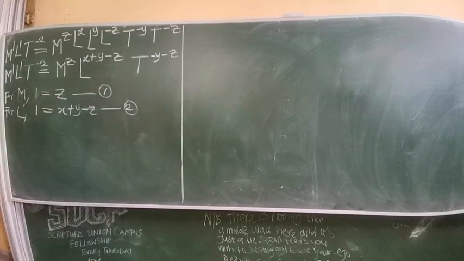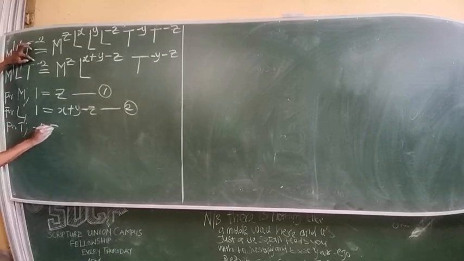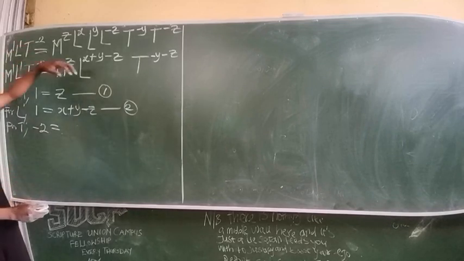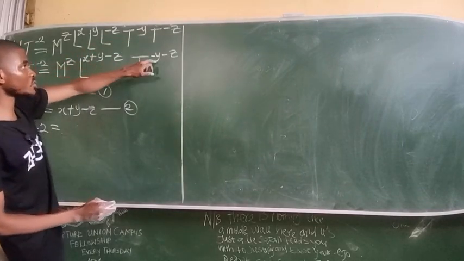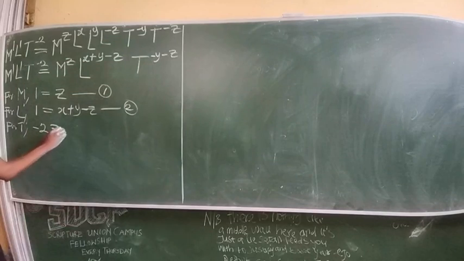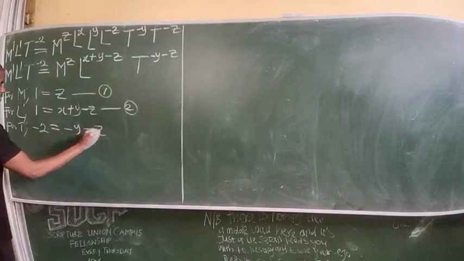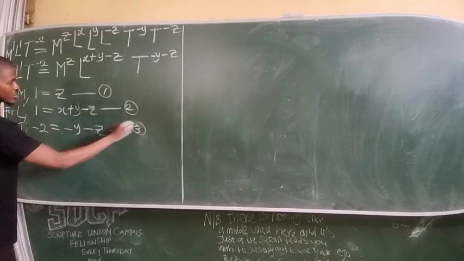And finally, for t, the power of t on this side of the equation is simply minus 2, and minus 2 is simply equal to the power of t on this side of the equation. We have here minus y minus z. So put that down, minus y minus z. Call this equation 3.